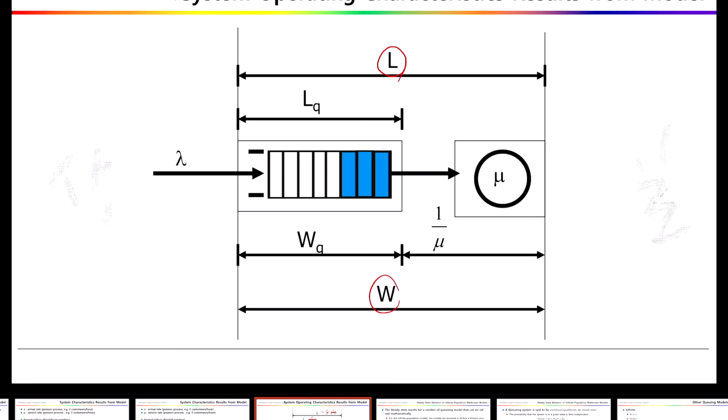L and W mean the entire number of entities and the entire time that each entity stayed in the model. LQ and WQ mean the time and number that are restricted to this queue area.